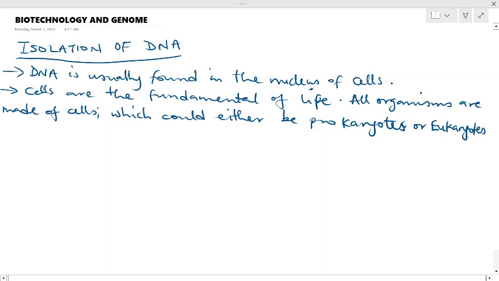So all organisms are made up of either prokaryotic or eukaryotic cells. Whichever the case, it's important to know where they are located, because from where they are located, you can begin to talk of how to get to them and isolate them.